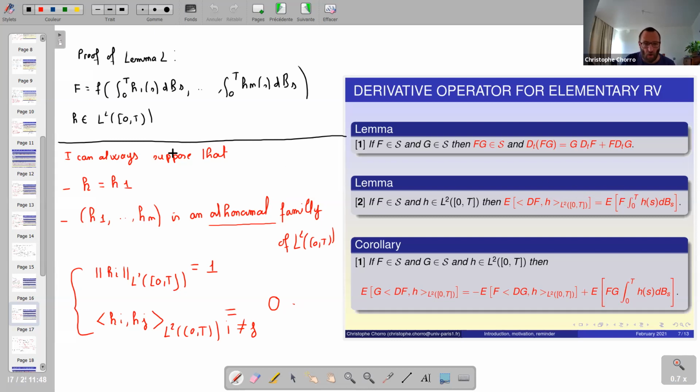So I can always come back to this situation, where H1 to Hn and H are not arbitrary, but H is in fact the first element of this family, this family being supposed to be orthonormal. I won't write the things in all detail, but this is the principle, because here you have something that is deeply related to linearity and to orthogonality.